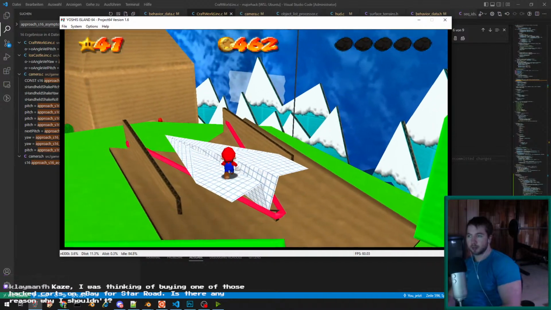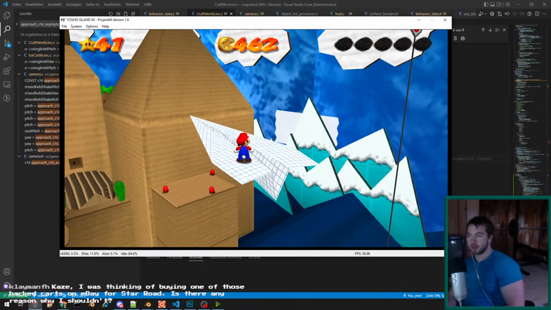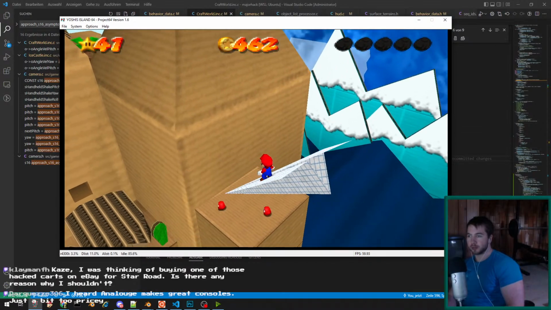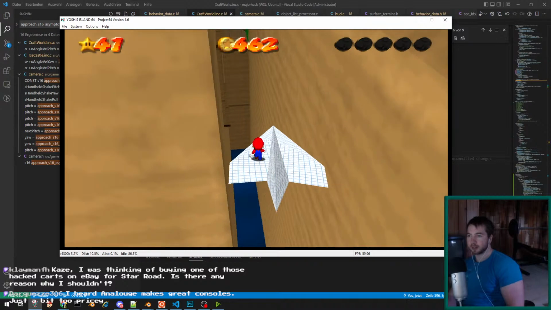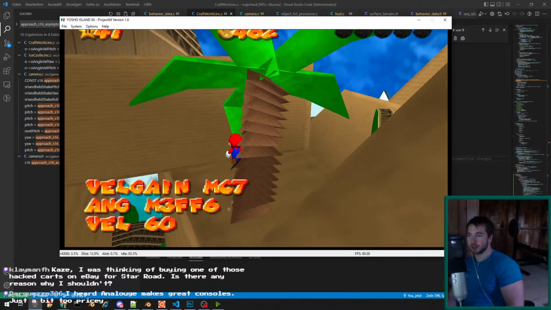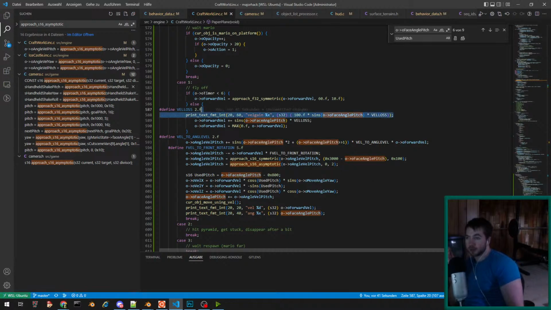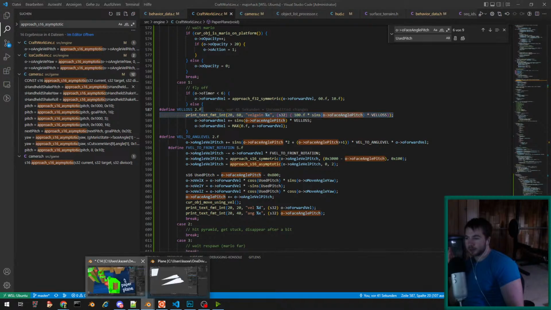Counter Starrod? Any reason why you shouldn't? Most of them are kinda crappy on N64, and you don't know which version of Starrod on N64 you're gonna get. So that's a good reason not to. An analog mixer console just a bit too pricey. It is very pricey, especially when you consider that you basically get the same result with just parallel N64, probably. I don't actually know yet.